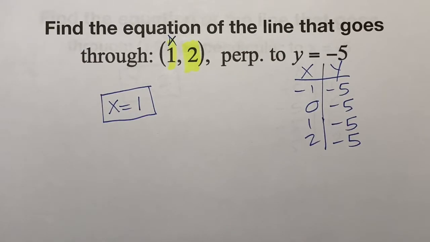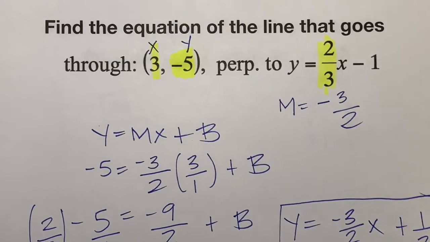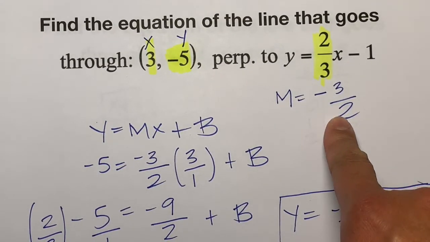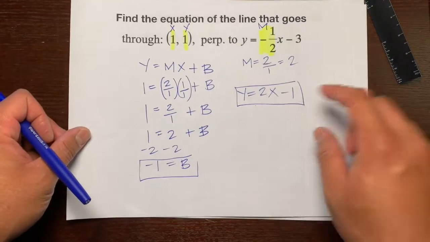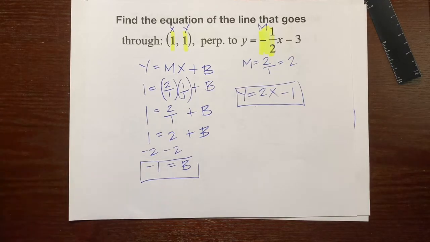Now for the first two problems, make sure that you use the opposite reciprocal slope. All right, so that is how to find the equation of a line that goes through a point that is perpendicular to another line. That's it.